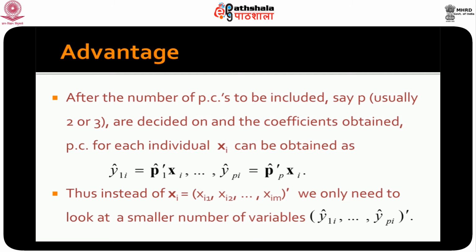We have reduced an individual's m-dimensional score vector into a smaller, say 3-4 dimensional principal component score vector, and then work with this, because this would be capturing a large amount of the variability of the original data and would have a smaller number of variables to look at and hence easier to handle. So this is how we can use the principal components from a given data set.